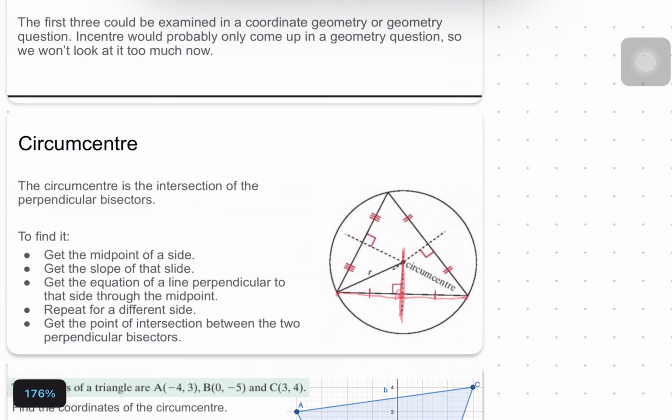Then I have the midpoint, a point that the perpendicular bisector goes through, and the slope of the perpendicular bisector, so I can get its equation. If I do that for two different sides, I get two different equations, find their point of intersection, and I will find the circumcenter of the triangle.